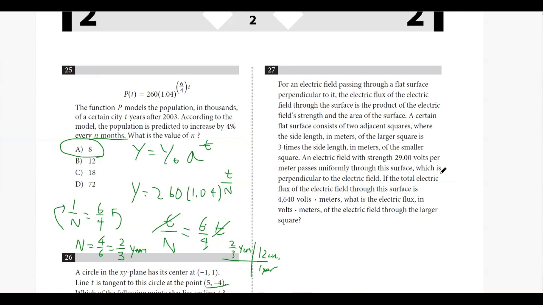An electric field with strength 29.00 volts per meter passes uniformly through the surface, which is perpendicular to the electric field. If the total electric flux of the electric field through the surface is 4,640 volts meters, what is the electric flux in volts meters of the electric field through the large square?